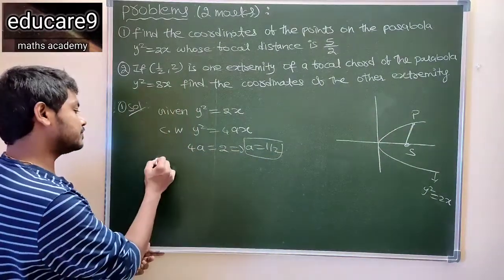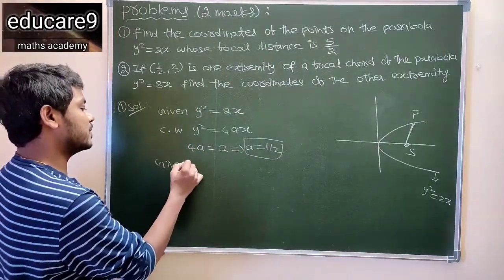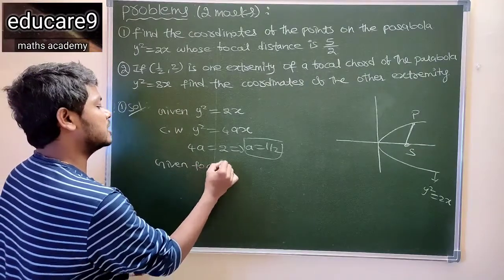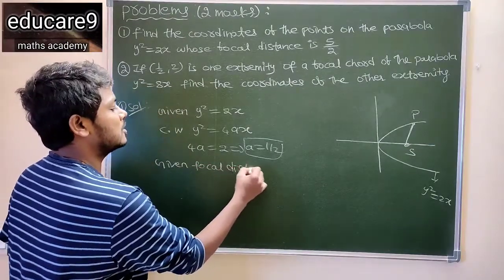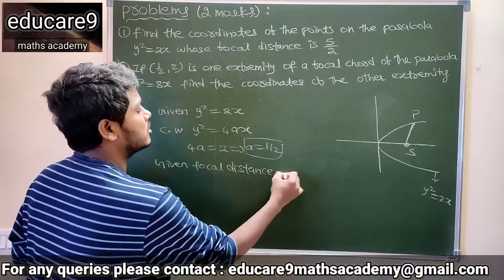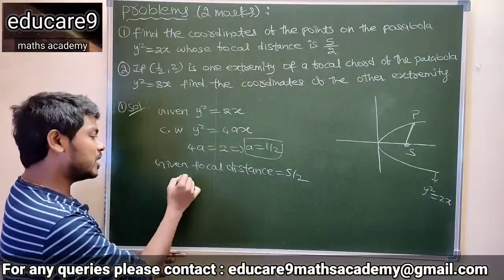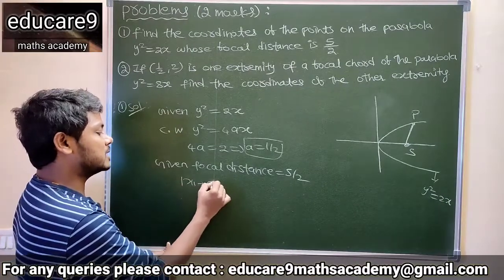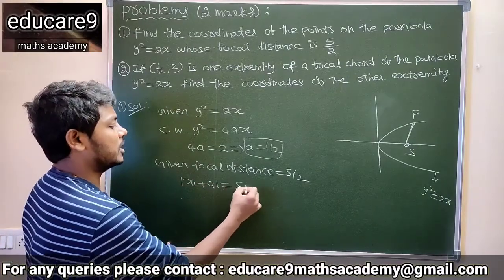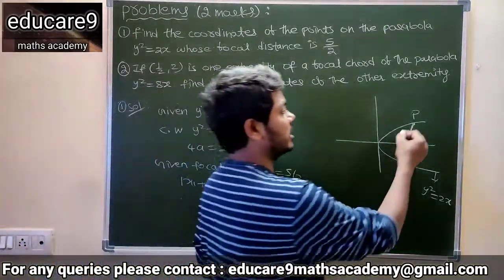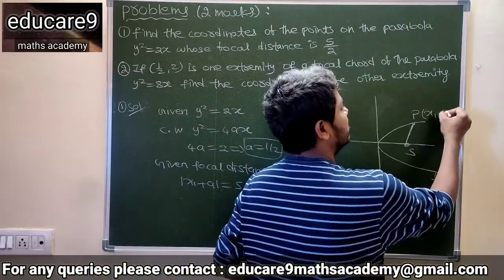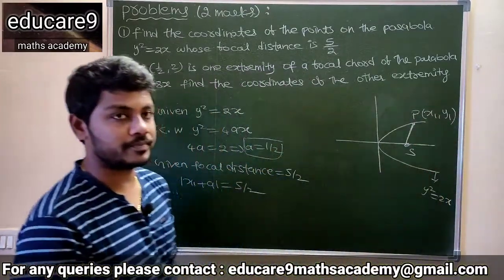See, here the given focal distance is 5/2. You know that the focal distance formula is modulus of x1 plus a, and this equals 5/2. Here the point P is x1 comma y1.